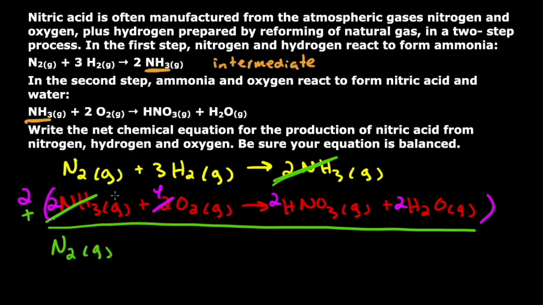There's no other N2s on this reactant side, and it's not on this product side over there, so it's just going to carry down like this. And then we're going to take that and it's going to combine with this H2 there, and so I'm going to put that we got 3H2, and that's going to be a gas there. And then it's also going to combine with this 4O2 there, so I'm going to write down we got 4O2 as a gas there, and then that's going to go ahead and produce what's over here.